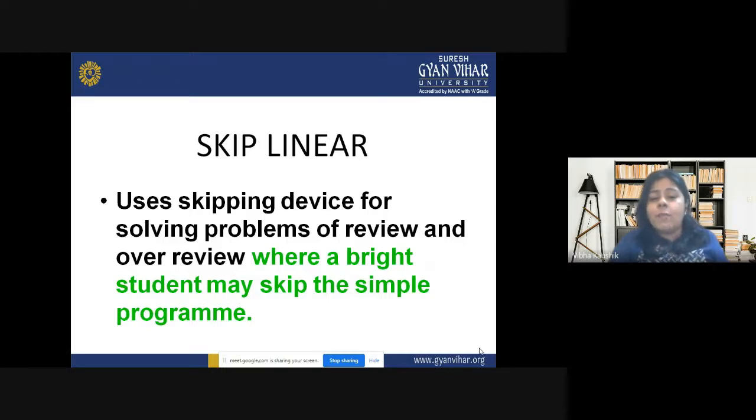So this type of skipping the simple programs is called as skip learner. Whereas an average or a below average student will never skip those particular frames that have been sharing the particular information.